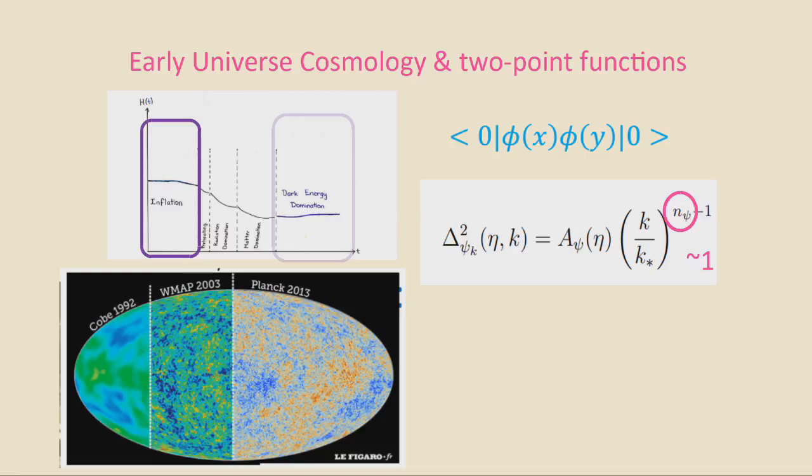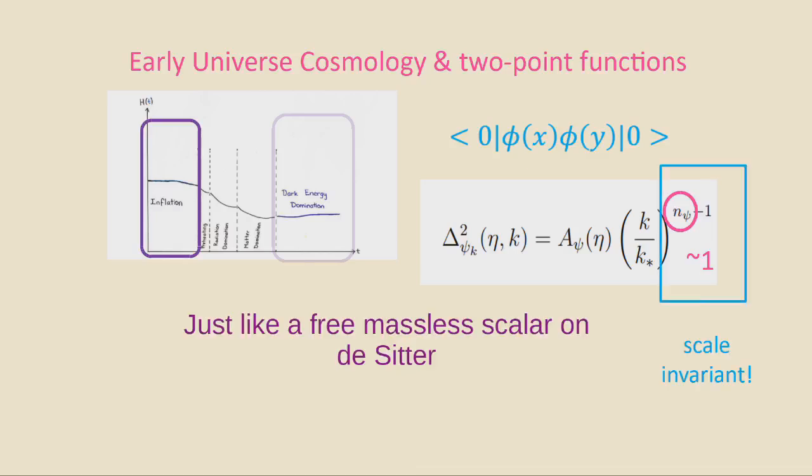They measure the exponent that keeps track of the momentum dependence to be almost 1, which means you have scale invariance. This is exactly the type of 2-point function you get if you study a free massless scalar on de Sitter.